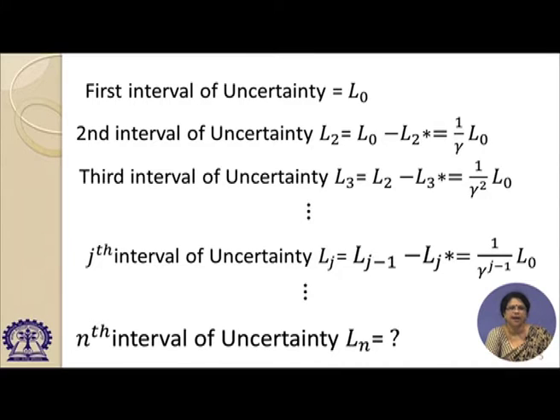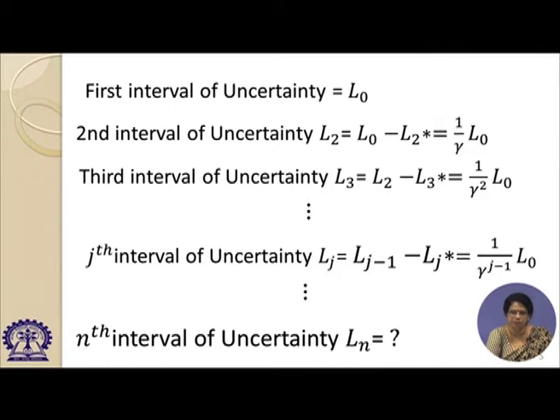If we see the pattern, the values are coming like this: L naught by gamma, but L2 star is L naught divided by gamma square. And L3 would be L naught by gamma square. In this way we will proceed, and in the jth experiment L naught by gamma to the power j minus 1, but Lj star is equal to L naught divided by gamma to the power j.